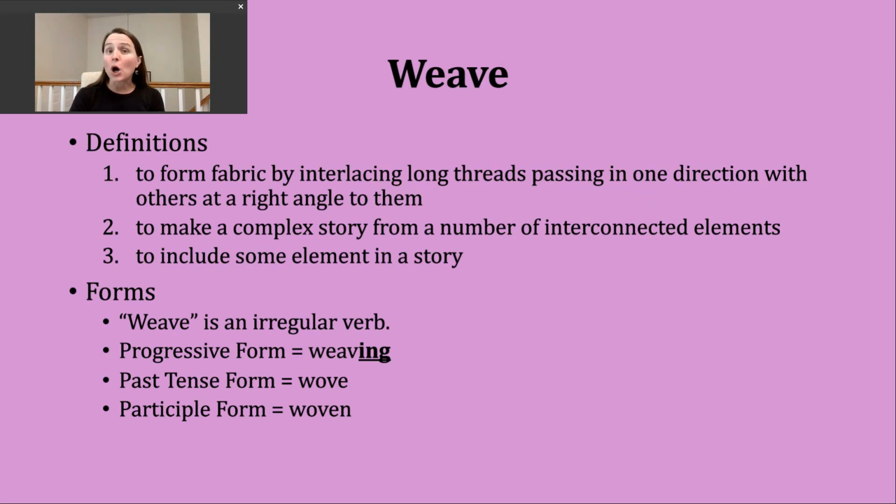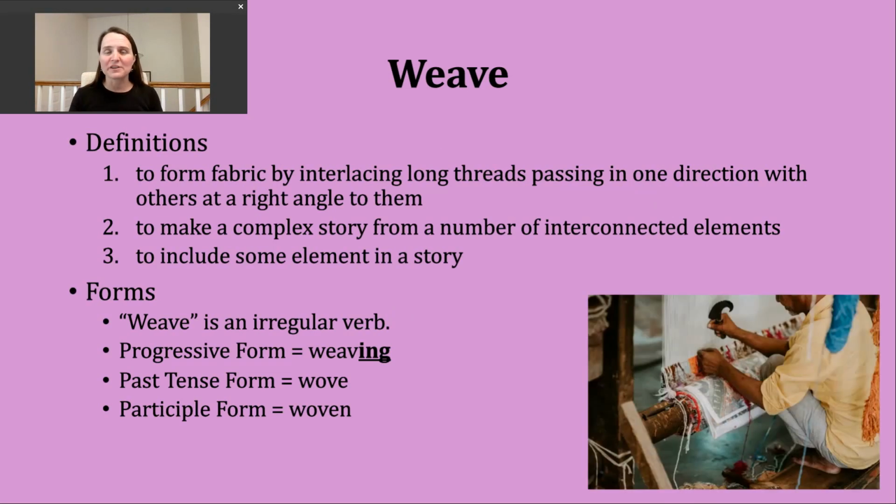The first way you are likely to hear the verb weave used is to describe the action of forming fabric, and that comes from interlacing long threads that pass in one direction and then others at a right angle. Now, I always feel like a picture can really help, so I've included one here.